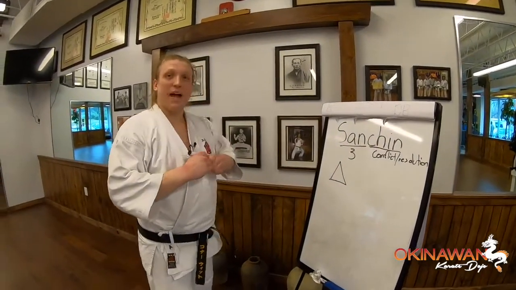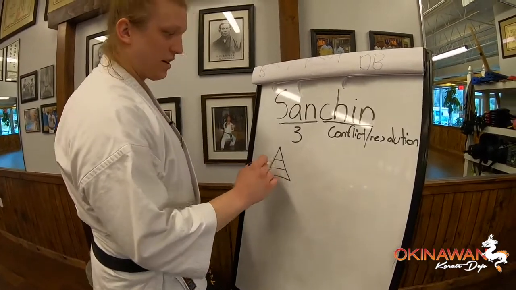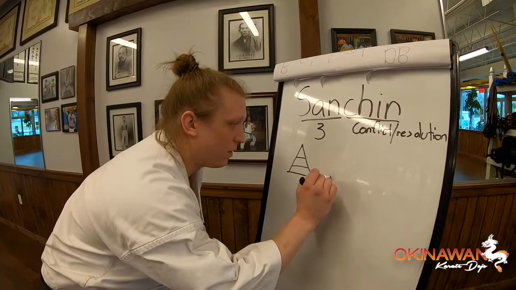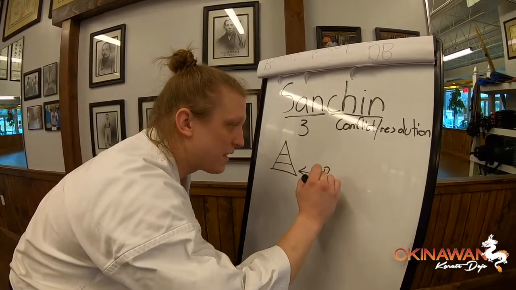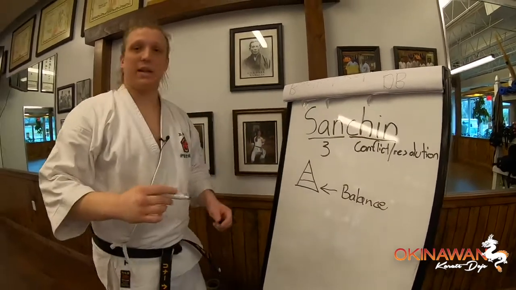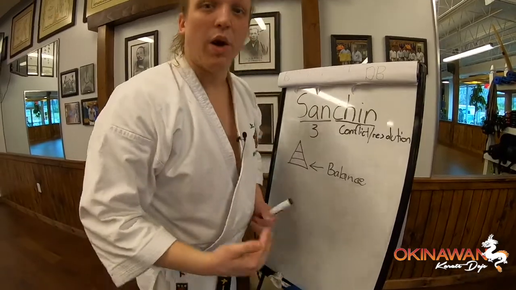The first thing you have to have, though, this is the pyramid of Sanchin. You're gonna see this a lot, okay? The first thing, at the very base level, you need balance. Balance. If you don't have balance, that means you're falling over. You are out of balance.